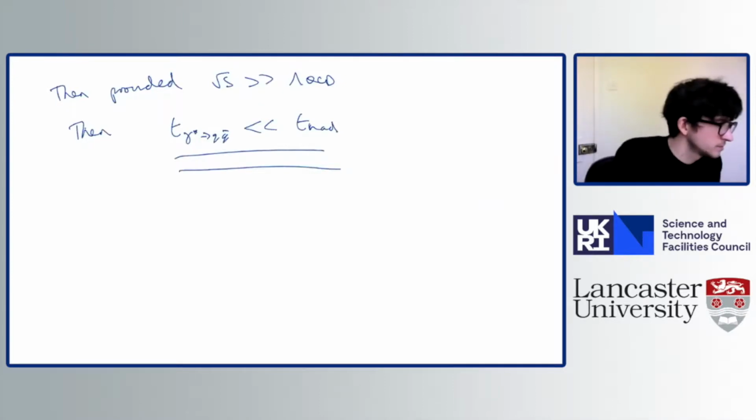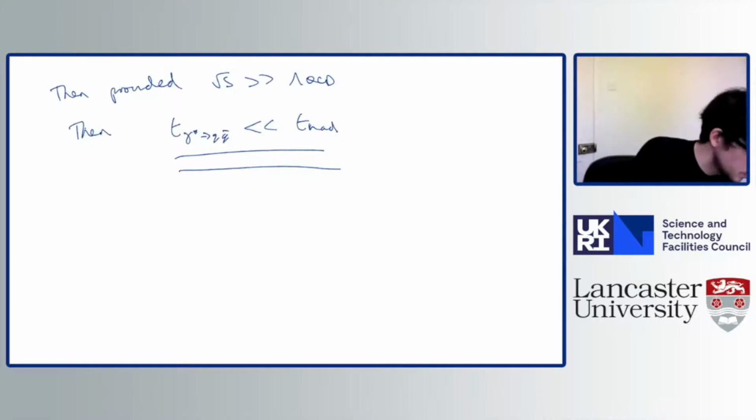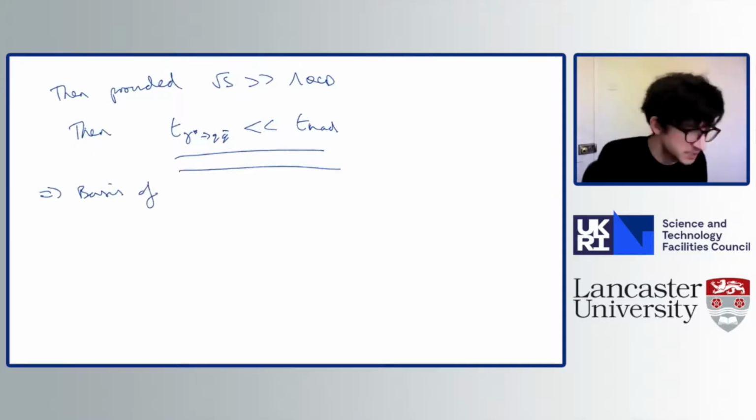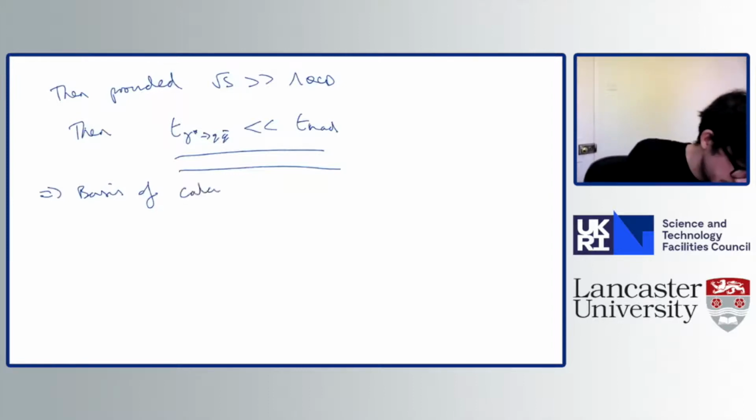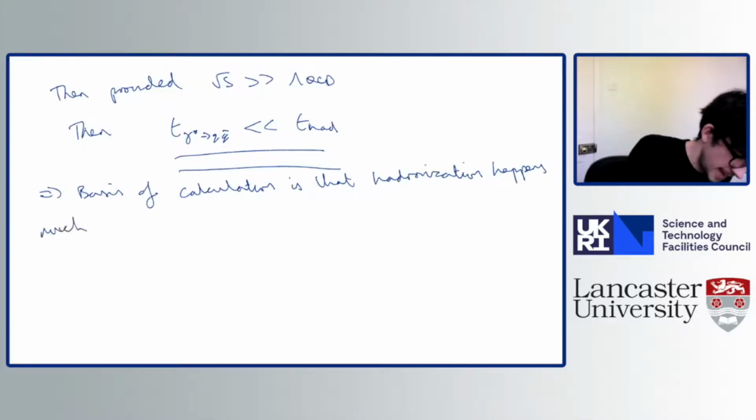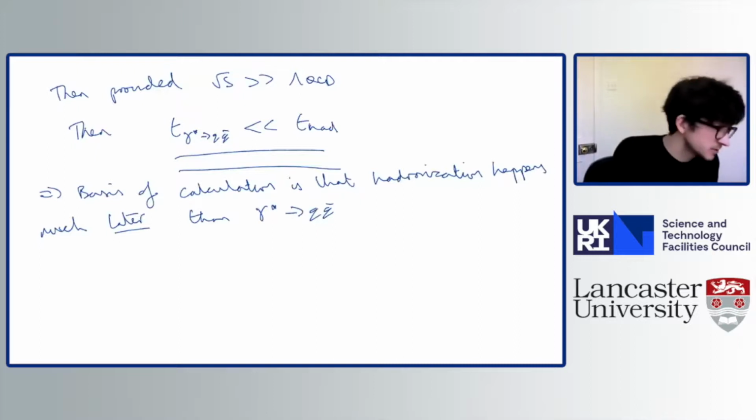And this is really the basis of the calculation. The basis of never worrying about hadronization when we calculate e plus e minus to hadrons in terms of quarks and gluons is that hadronization happens much later than the actual formation of the quark and the antiquark, which we calculate in perturbative QCD.